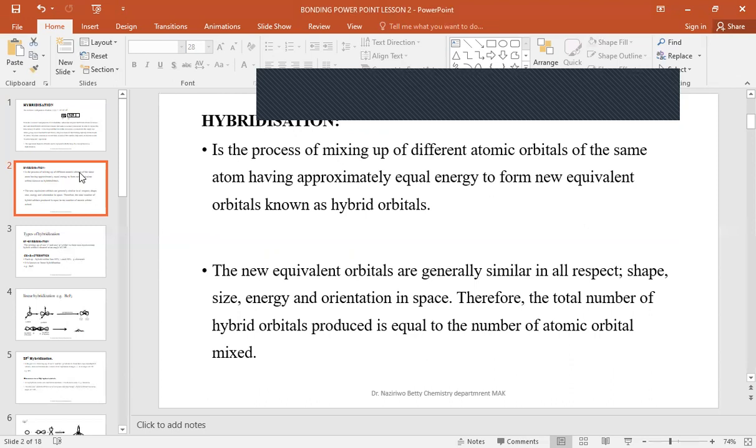The new equivalent orbitals are generally similar in all respects, in size, energy, shape, and orientation in space. Therefore, the total number of hybrid orbitals produced is equal to the total number of atomic orbitals mixed.